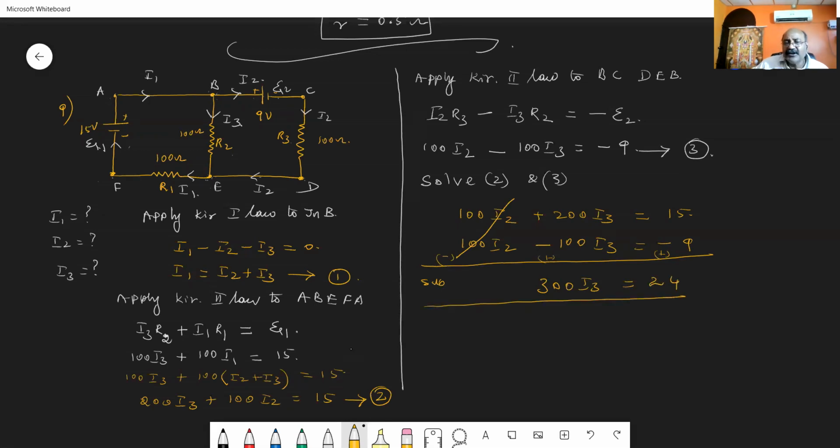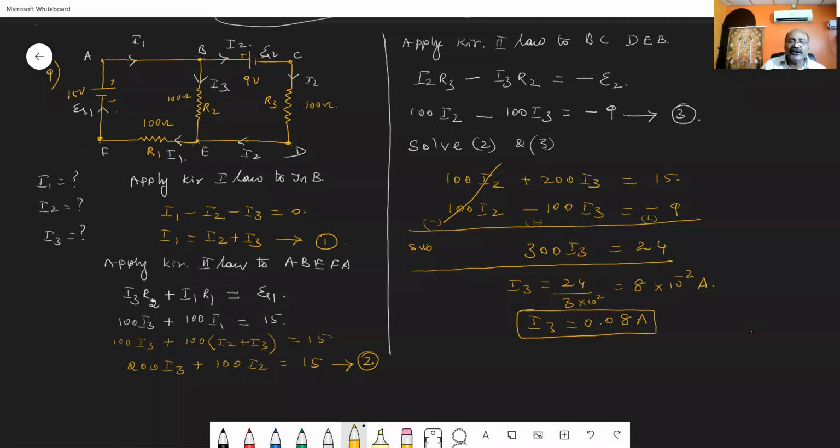So what is the value of I3? 24 divided by 3 into 10 power 2. When I am cancelling, I am getting 8 into 10 power minus 2 ampere, or I can write I3 equal to 0.08 ampere. I have calculated I3.